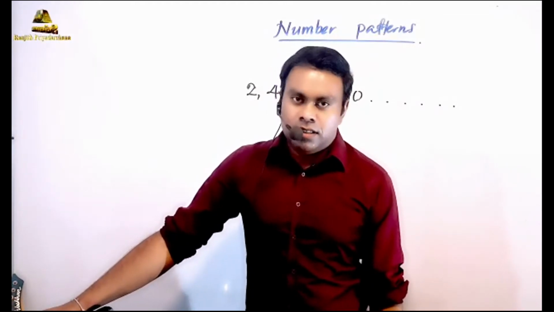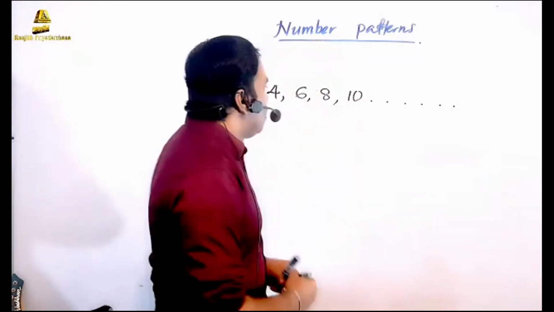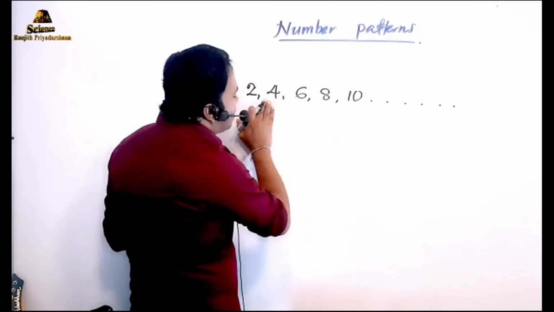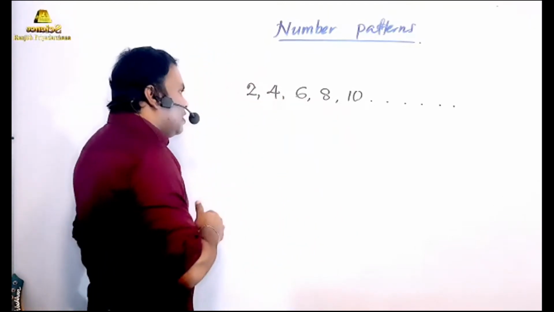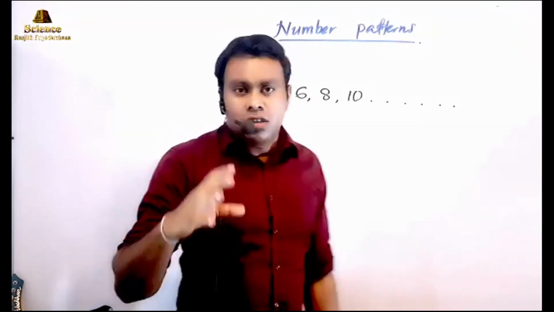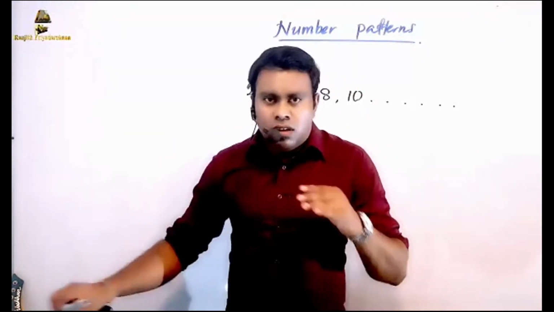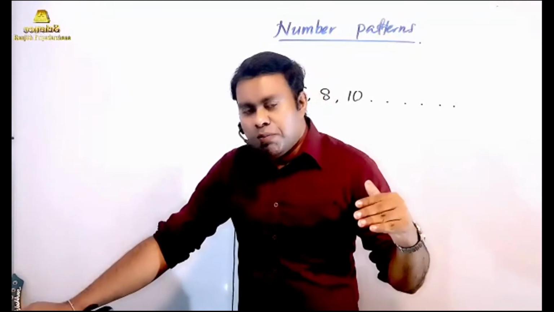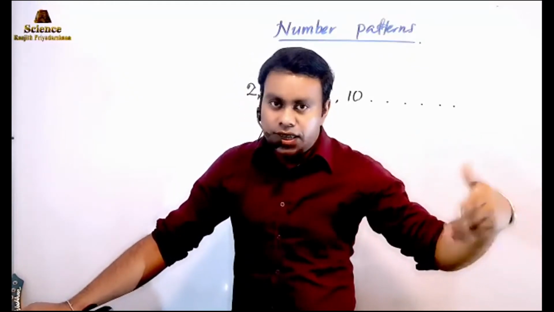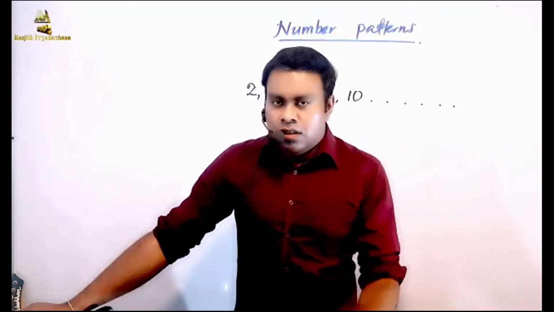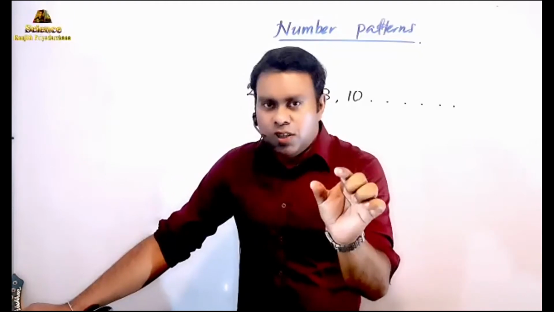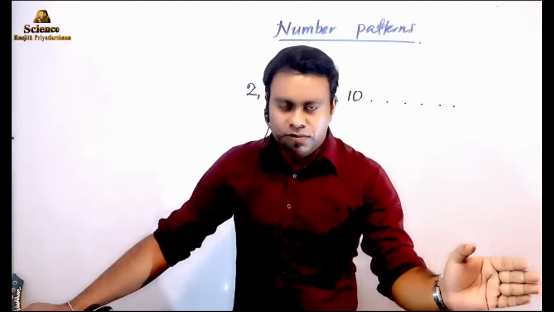Right. So this has been created according to a particular mathematical rule. A number pattern is a series of numbers in an order according to a certain mathematical function or mathematical rule.